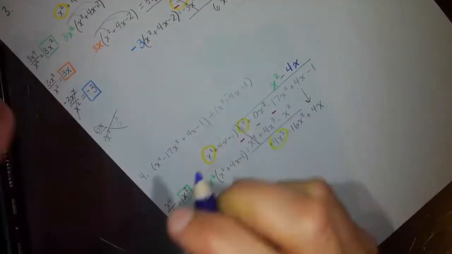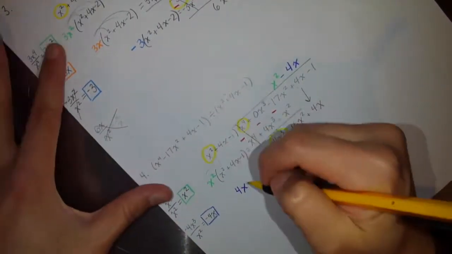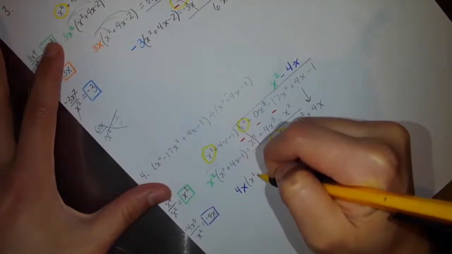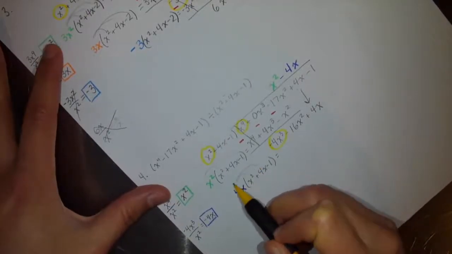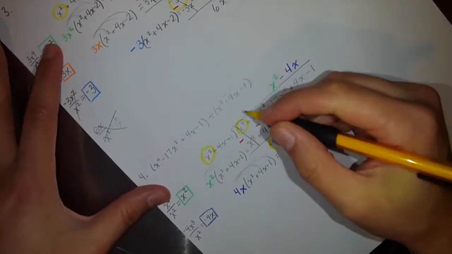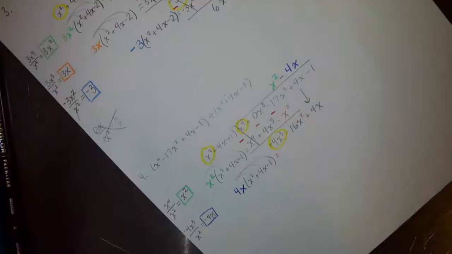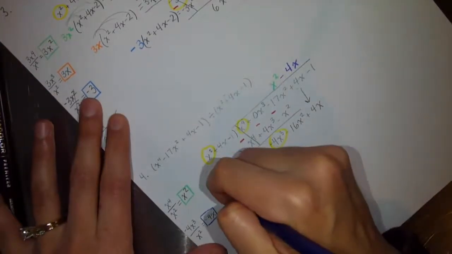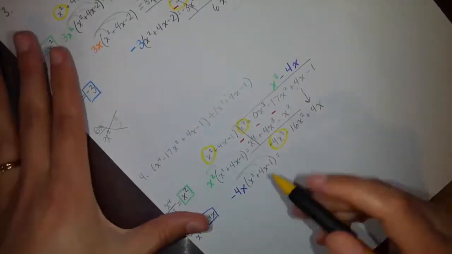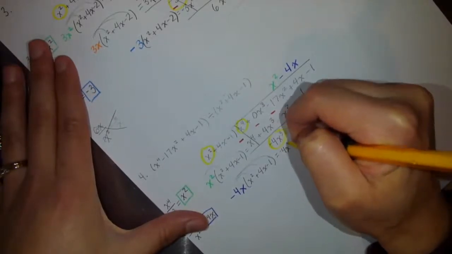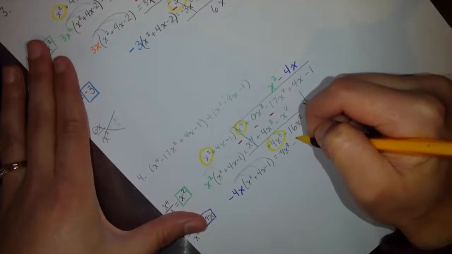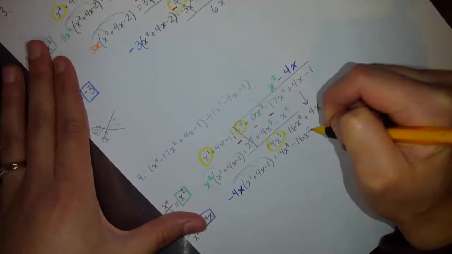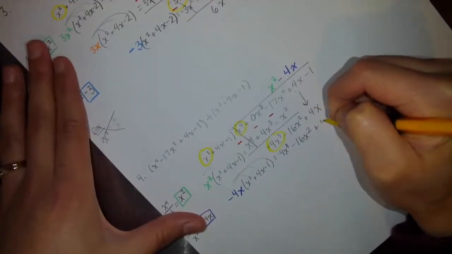So 4x times x squared plus 4x minus 1. When we distribute, we add the exponents. So this will be, I keep creating those negatives. So this is negative 4. So this will be negative 4x to the third minus 16x squared plus 4x.